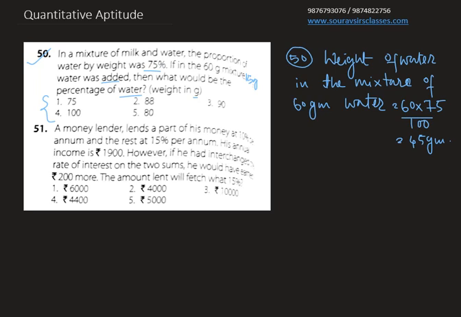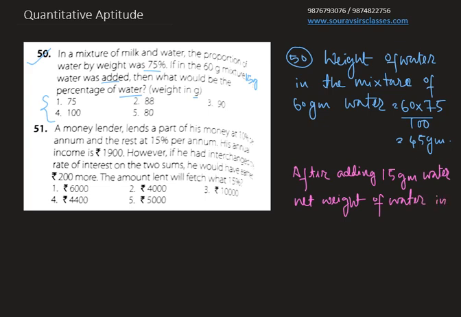After adding 15 grams of water, the net weight of water in the mixture is 45 plus 15, which is equal to 60 grams.